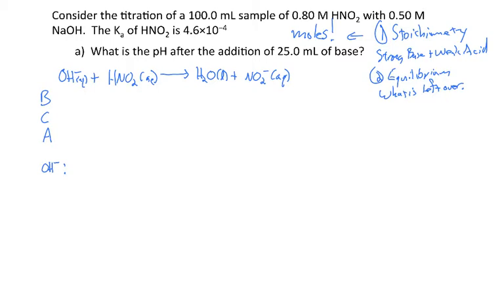And so to get moles, moles are equal to the molarity times the volume. So I have 0.5 molar NaOH times, need to convert the volume into liters. And so I have 0.0125 moles of hydroxide. And I'll do the same thing for the weak acid.